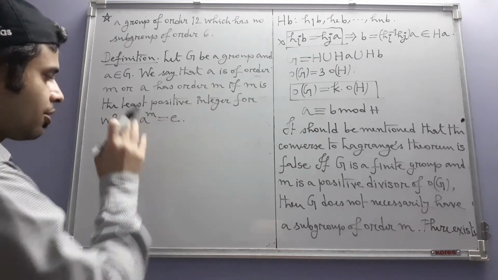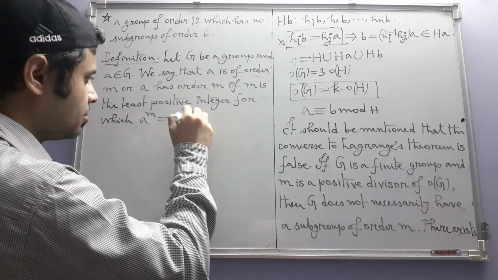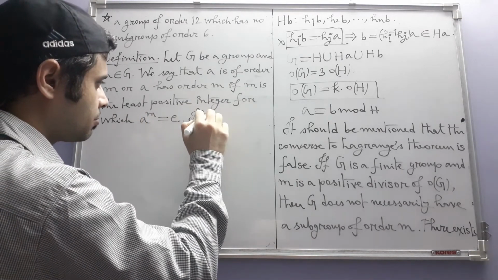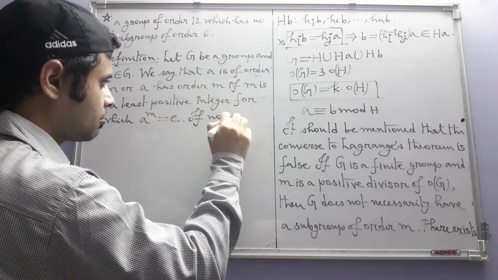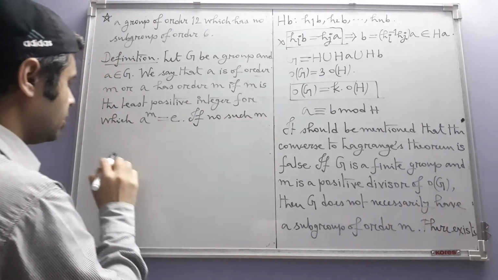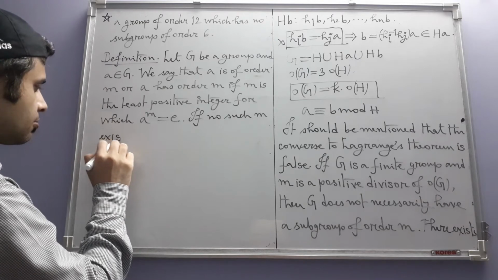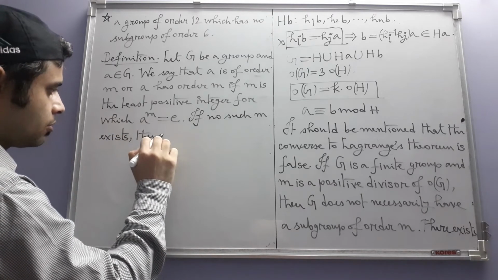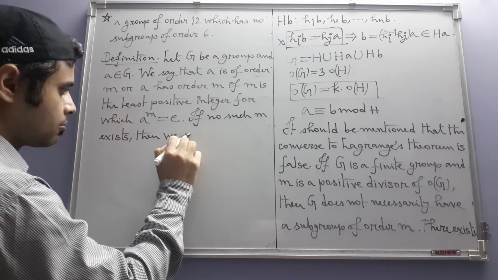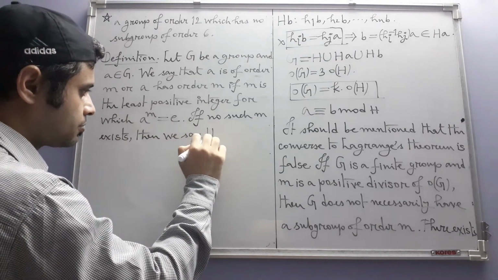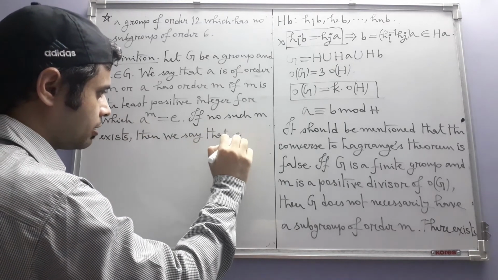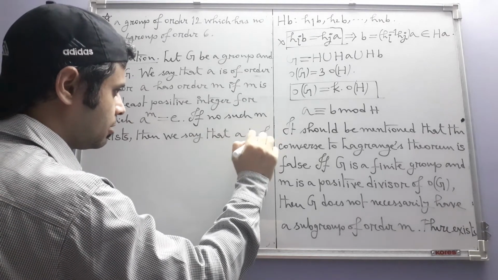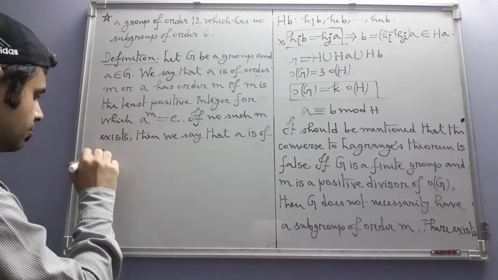But it may not exist also. If no such m exists, then we say that A is of infinite order.